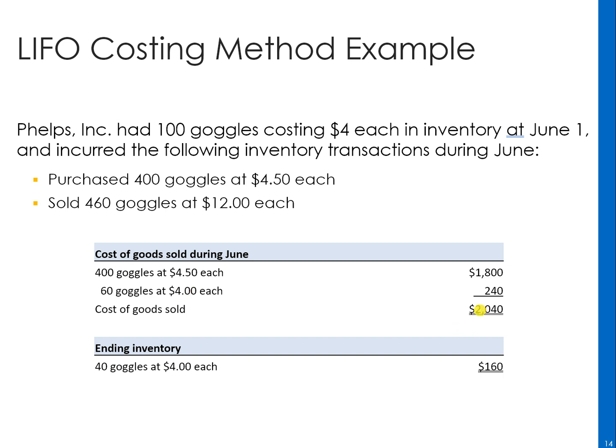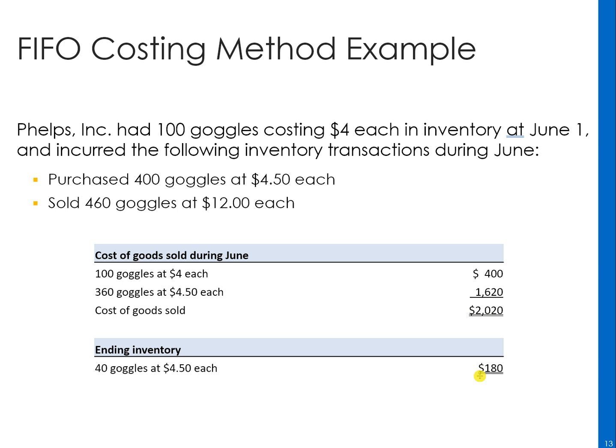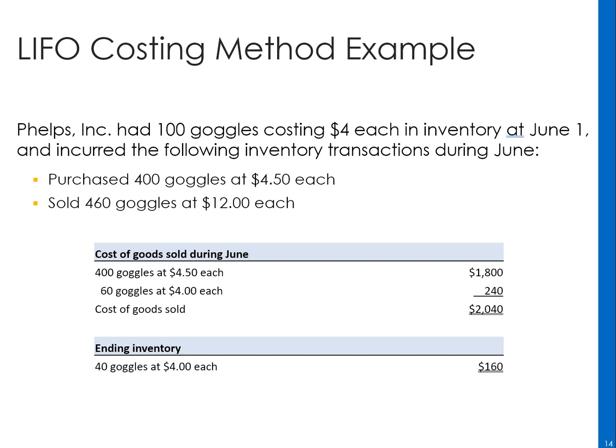That's how we determine the cost of goods sold and then the end inventory. Remember, under FIFO, end inventory always carries new cost, and under LIFO, end inventory always carries old cost, $4. Look at cost of goods sold and the end inventory: the numbers are usually, most times, different. All right, so this is FIFO and LIFO.